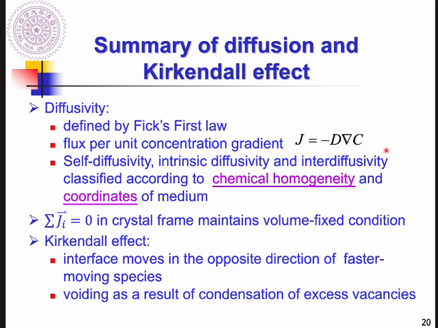Then you have a chance to get the interdiffusivity to explain the Kirkendall effect. There are two characteristics of the Kirkendall effect. The first one is void formation, and the second one is the interface or Kirkendall plane shift during this process. So let's finish the first section.